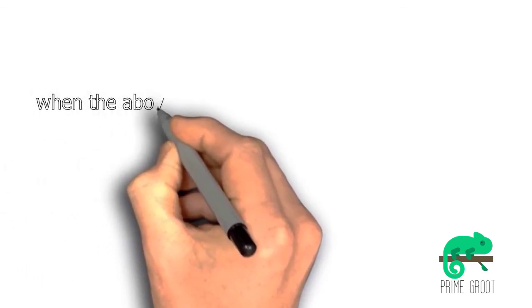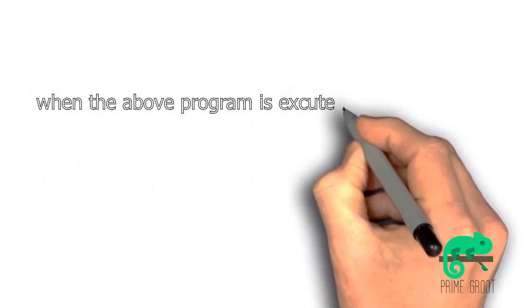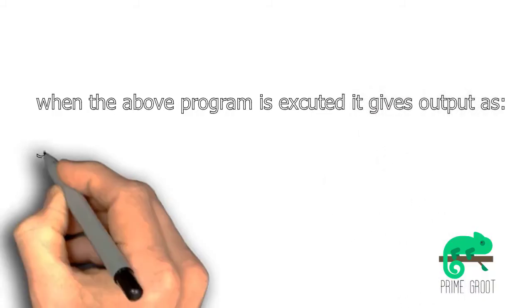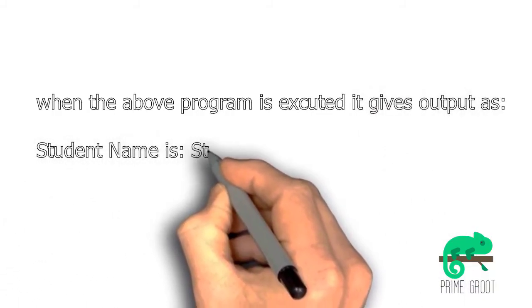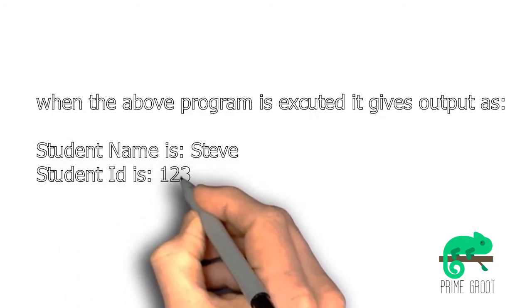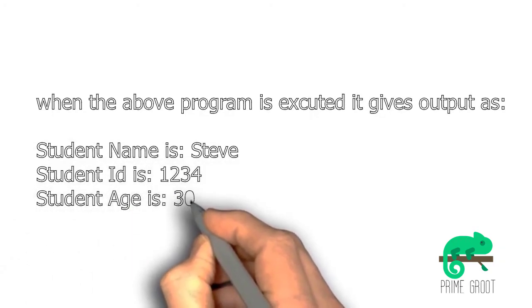When the above program is executed, it gives output as: student name is Steve, student id is 1234, student age is 30.